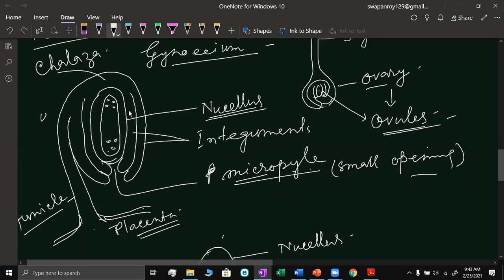So this one is the embryo sac. This is the chalazal end, this is the micropylar end.